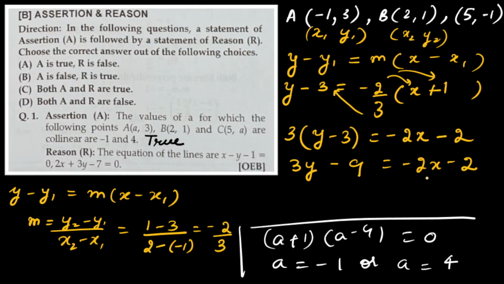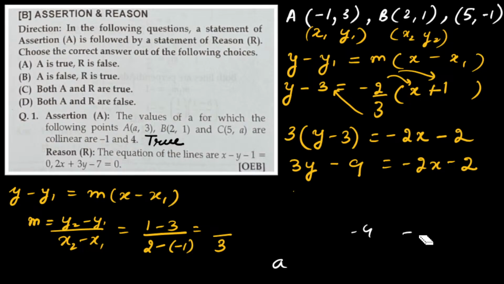Now like terms we can simplify. First of all, let's shift everything to left side. So we have 3y and minus 9 already on this side. Let me shift 2x also. So minus 2x when I shift to other side will become positive 2x, plus 3y is already there on this side. Then minus 9 is already there.